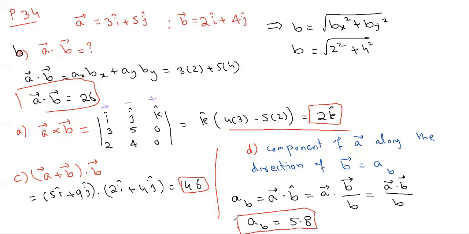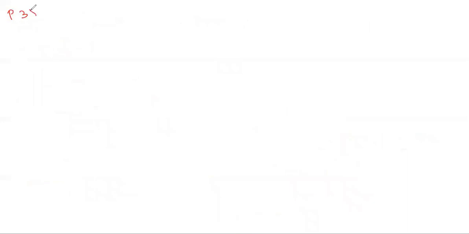So next we have problem number 35. Problem 35 states that we are given two vectors R and S in the xy plane. Remember, in some of the problems, the planes are of extreme importance. We'll see in one of the problems. So these two vectors are given in the xy plane. It means there will be no j component. So that is, these two vectors are perpendicular to the z component.